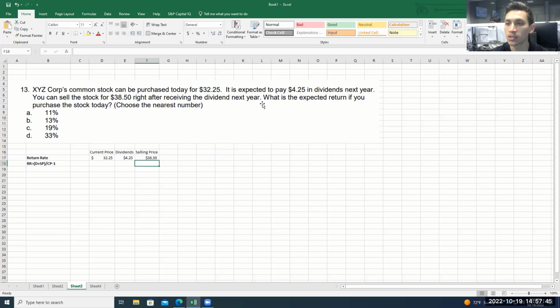We were asked, what is the expected return if you purchase the stock today? We're looking for the return rate. The return rate formula I have is right here. This is what we're going to plug into, so we can see it visually. It's going to be the return rate equals dividends plus our selling price, $38.50, divided by our current price, minus 1. The 1 is just a given in the formula. So I go ahead and plug this in.